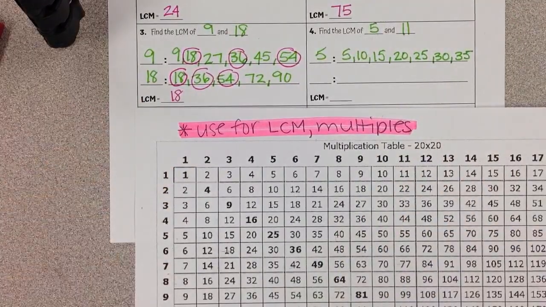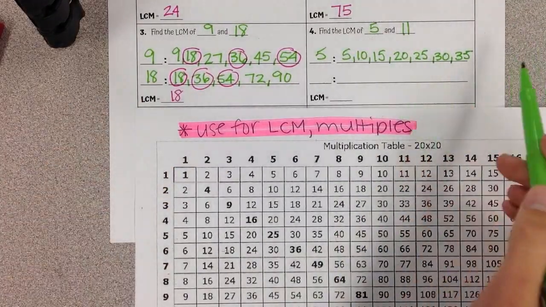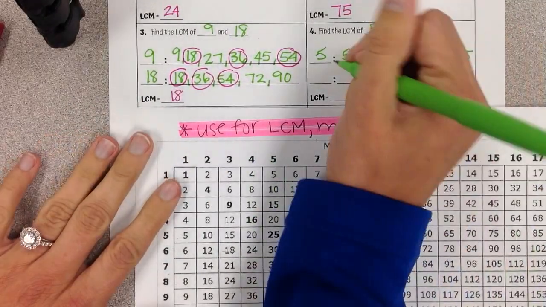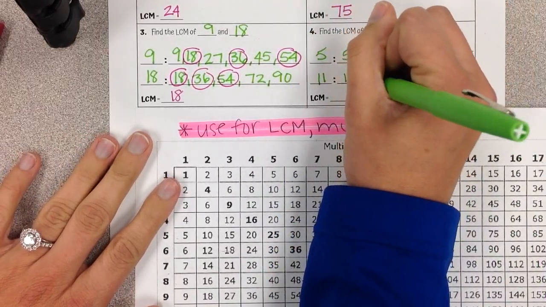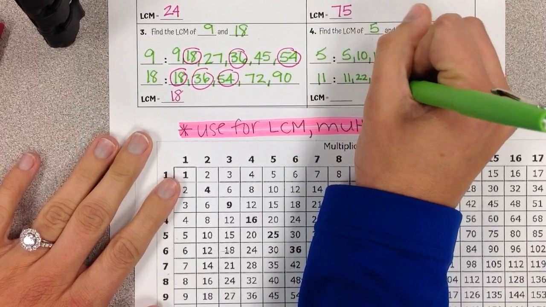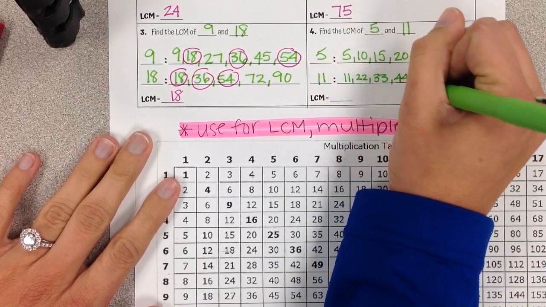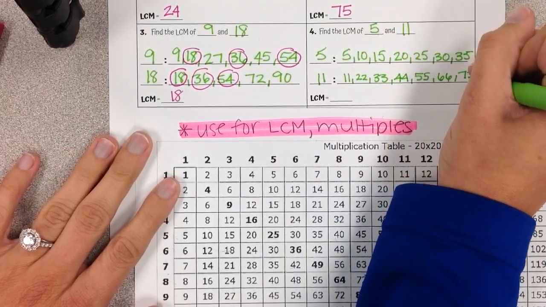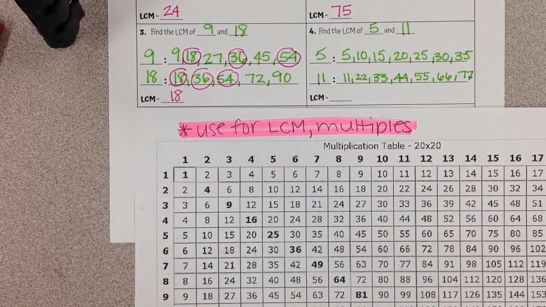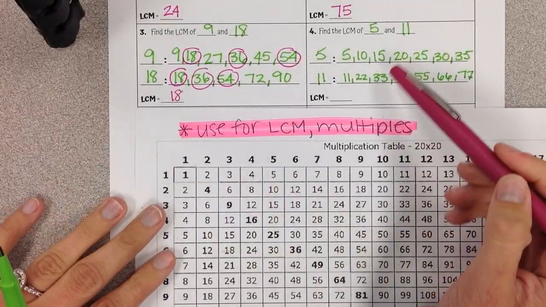I'm going to stop there for now just because I've got no more room on my line. 11. So 11, 22, 33, 44, 55, 66, 77. Okay? So let's go and look for some common multiples.